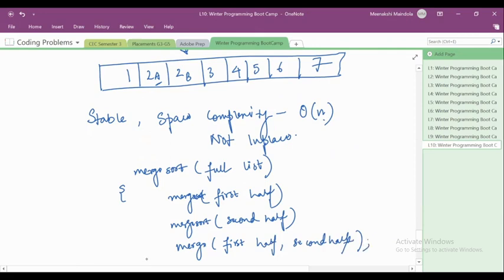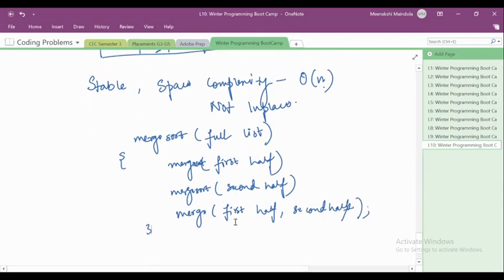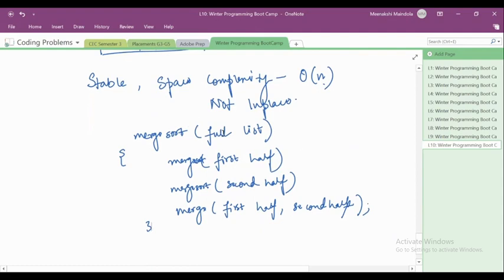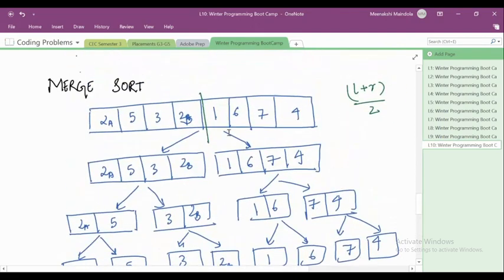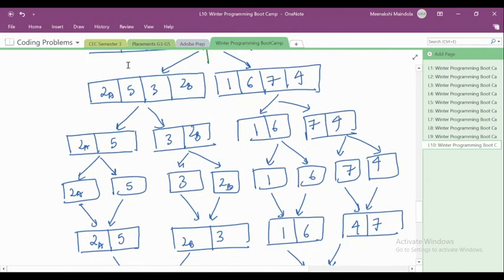Right? So this is simply the recursive calls that are being made, which is first you call the merge sort function with the full list, then you divide that list into first half and second half. Then further for this half of the list you again call merge sort.